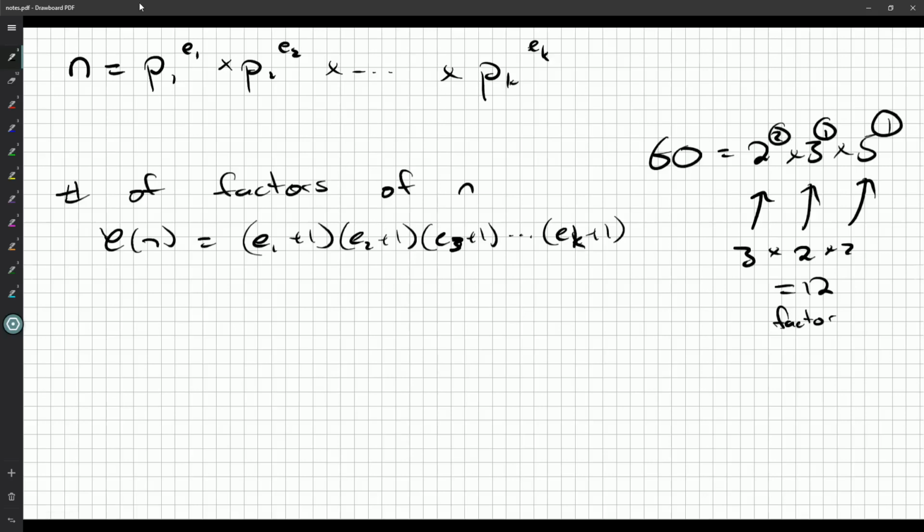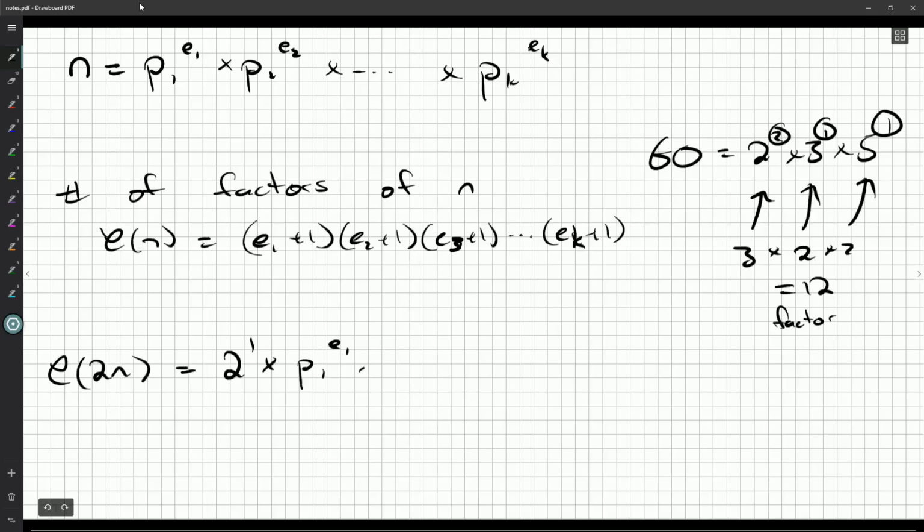Now, what are we talking about? Well, with phi of 2n, we have 2 possibilities. It could be 2 to the 1 times everything that is n. But remember what I said, these primes have to be different. What if n is already an even number?